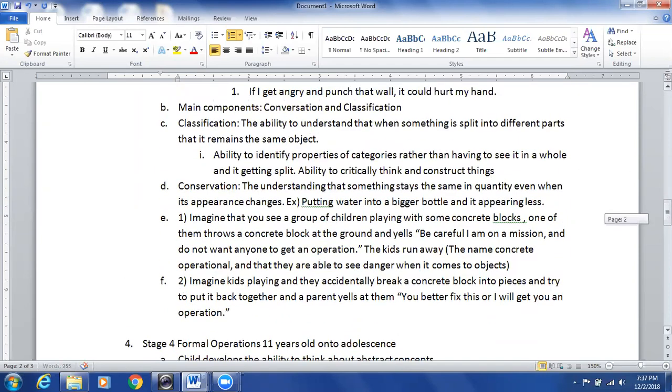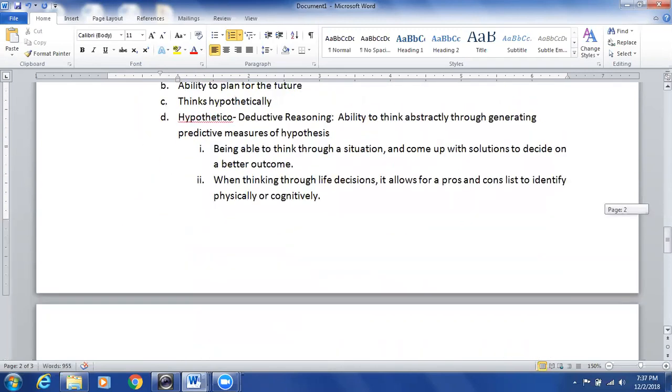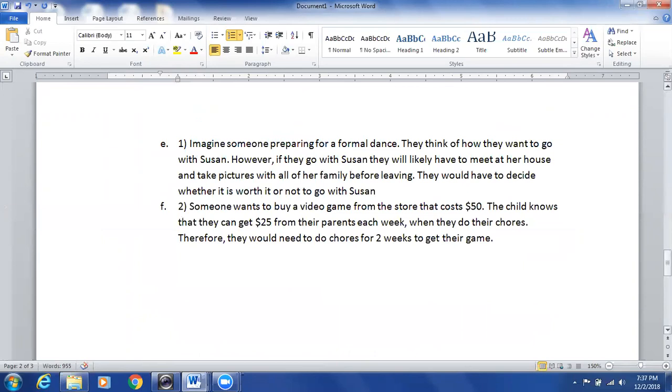And they were actually doing classification there because they were trying to put it back together, even though it was still not in its original form.